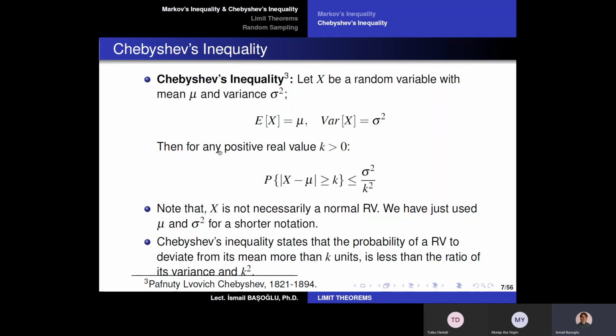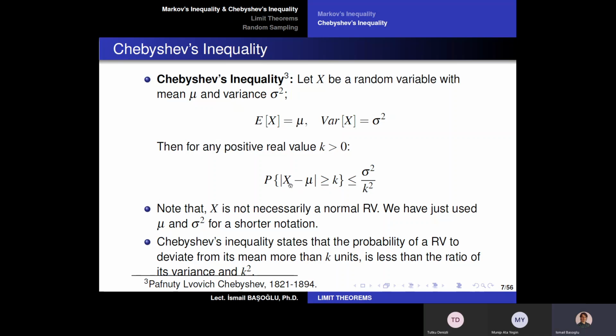Now it says, for any positive real value k, the probability of the absolute value of x minus mu to be greater than or equal to k. So let us read this probability. What does that mean? At first look, it is not very easy to understand that probability, right? What is mu? Mu is the expected value of x.